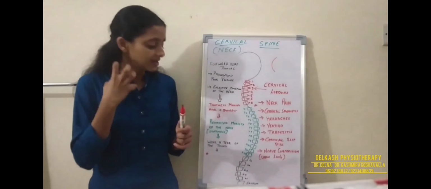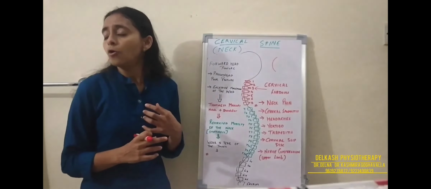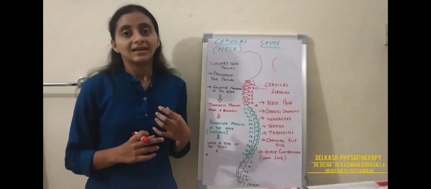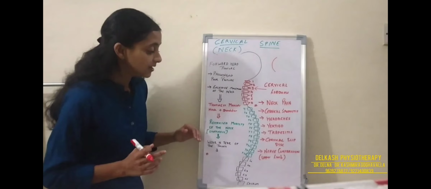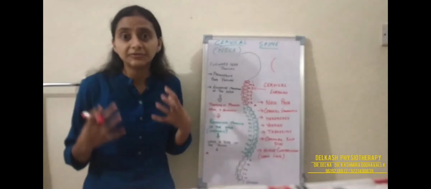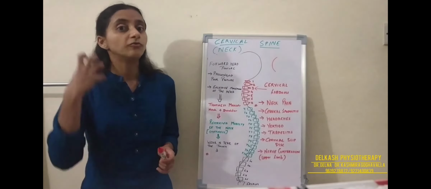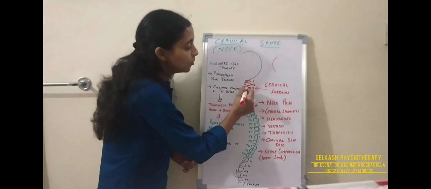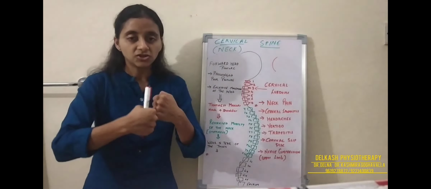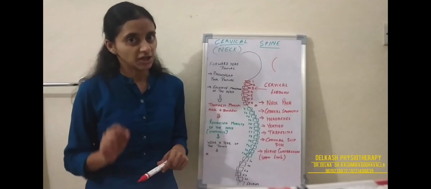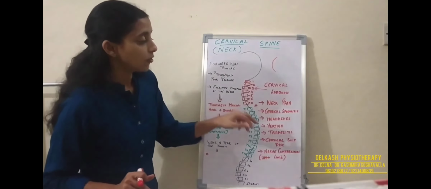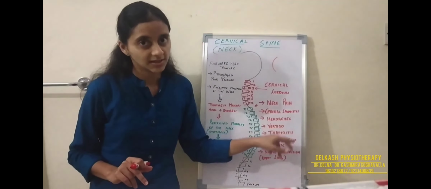Now these tight muscles will restrict the normal mobility of your neck, and when you move your head on a neck which is stiff, that gives rise to wear and tear of these vertebral bodies. They start rubbing against each other and undergo degenerative changes. These are called cervical spondylitis.